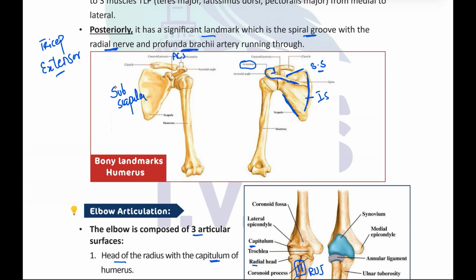Then, with reference to the coracoid, the pec minor, the short head of the biceps, and coracobrachialis take their origin from this point. And the glenoid cavity articulates with the head of the humerus to form the shoulder joint. So this was just the overview. The rest we have talked about in the muscular section.